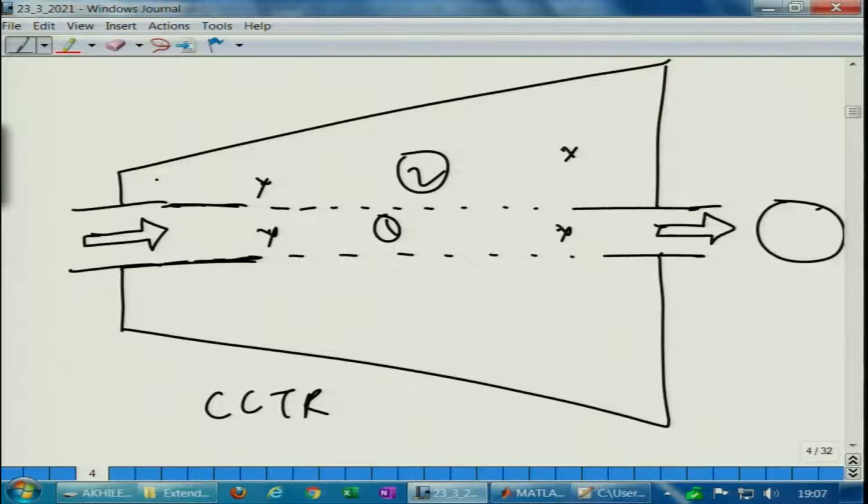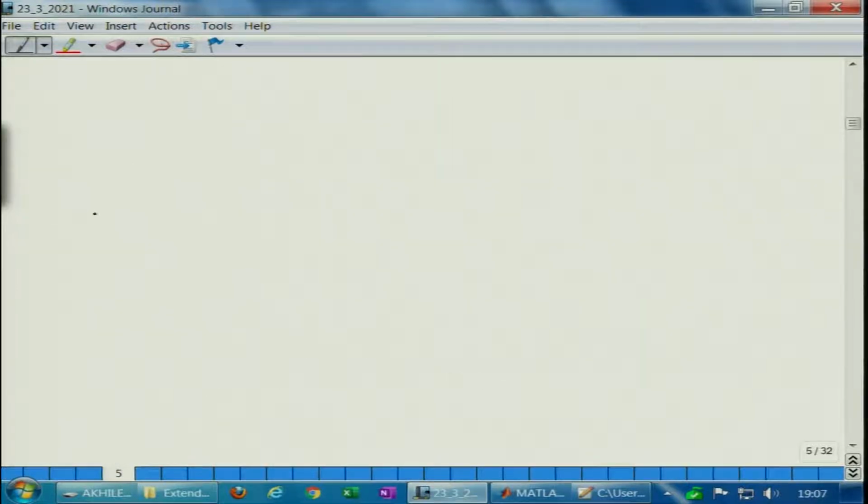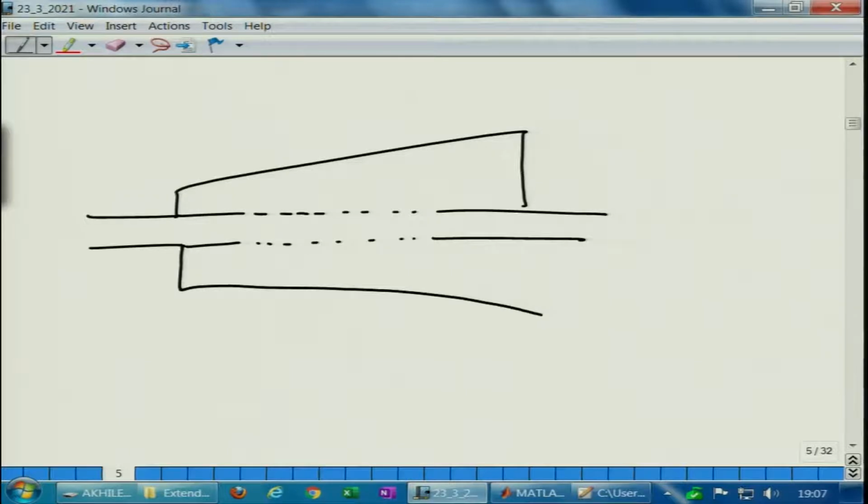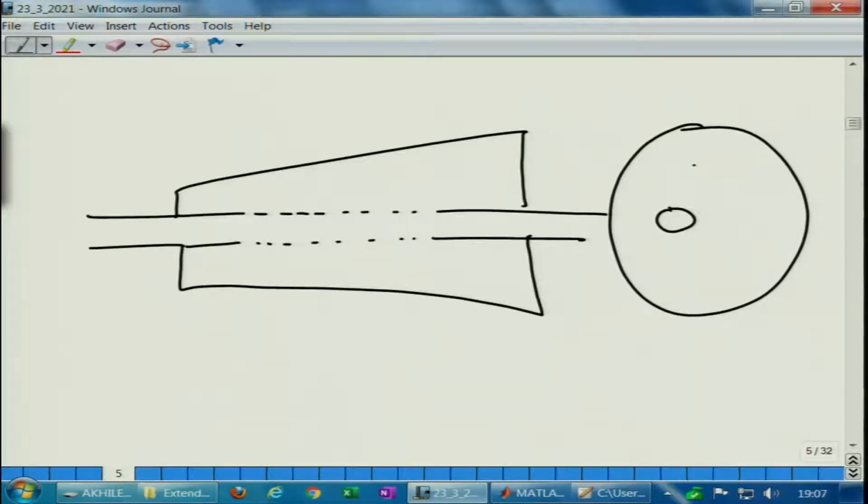So, you see I do not have space here, but what I could really do is basically just draw a small version here, something like this, and this kind of a thing, and you have this sort of a thing.